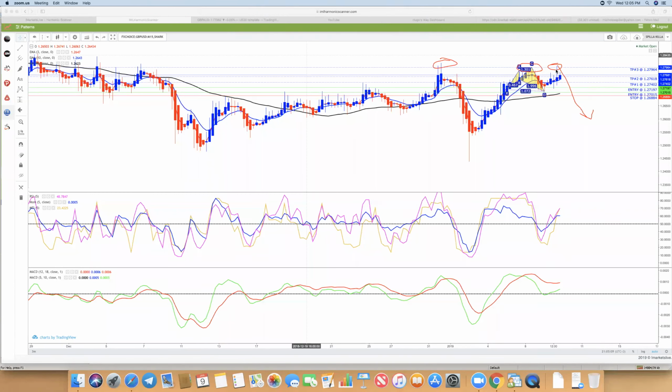I'm looking for this to go down. I'm looking for a strong sell opportunity. It already checked right up in here. If I was you, I'd be looking for GBP USD to go into a sell, right? And it could be a deep sell.